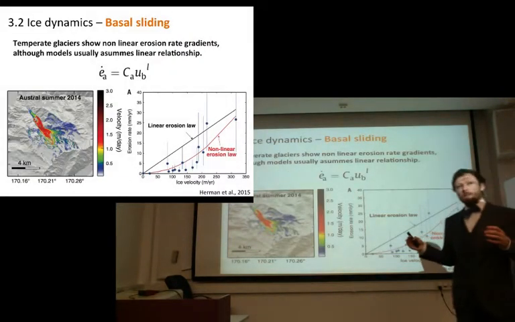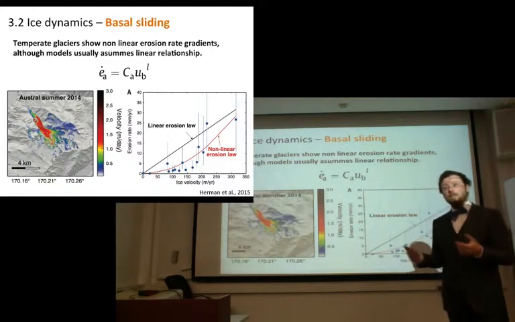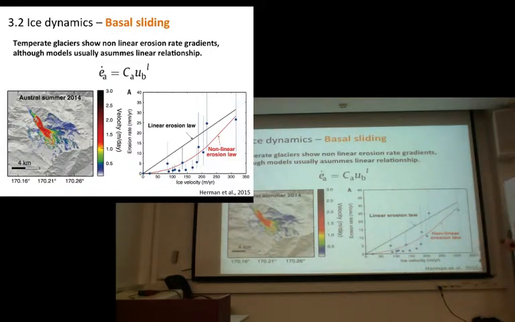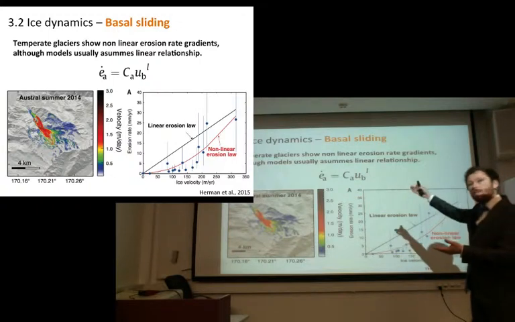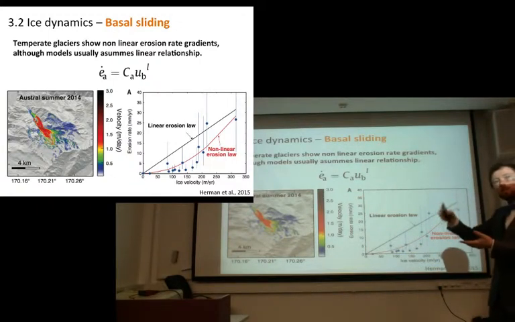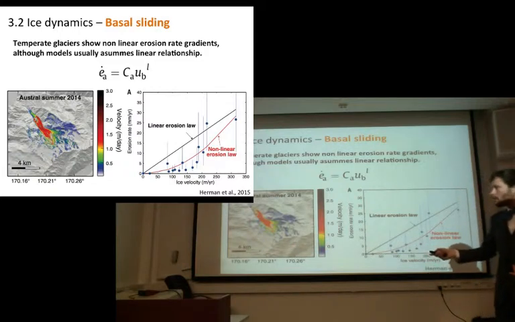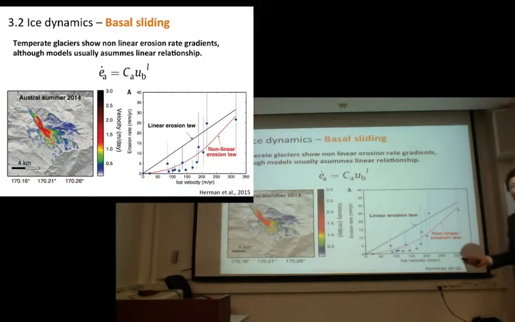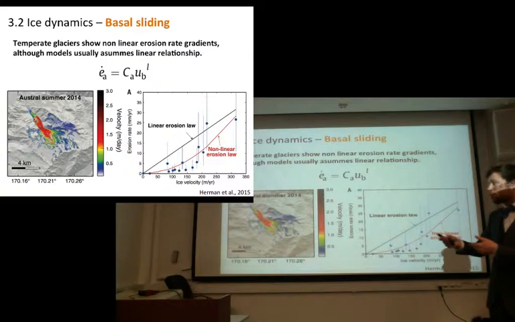So let's go back to basal sliding, this relationship between erosion rate and sliding. There is this very interesting study from Herman in 2015, and they were the first ones to manage to get real measurements of sliding over a year and at different elevations, and they could relate this elevation to the sliding. So this is Franz Josef Glacier here, and this is the surface velocity. Due to the lithology, they could detect where the sediments came from.